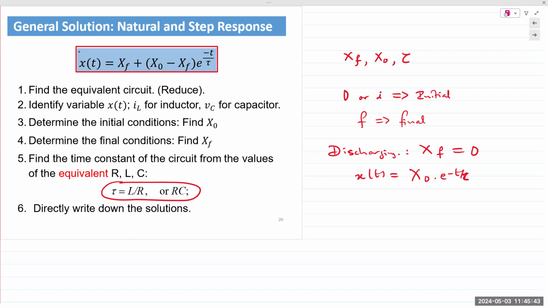So your job as an engineer is to understand the circuit conditions, extract as much information as you can, determine the values for x0 and xf, and then directly plug them into this equation and write down the solution. That's all you have to do. 80 to 90% of the solution is simply determining the information for x0 and xf.